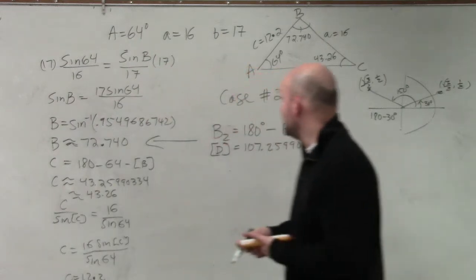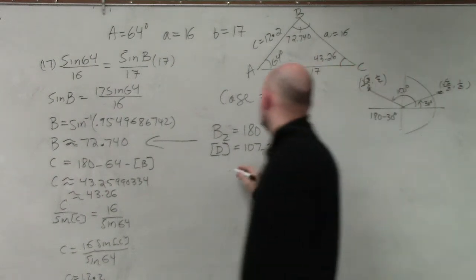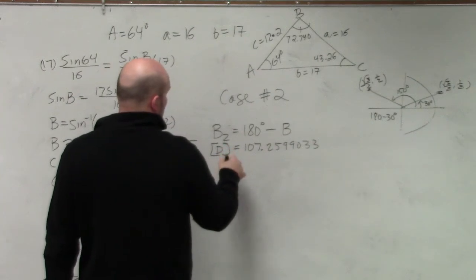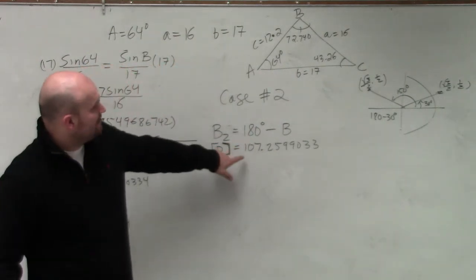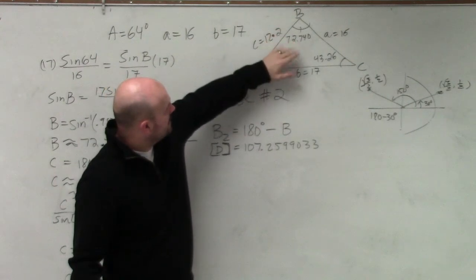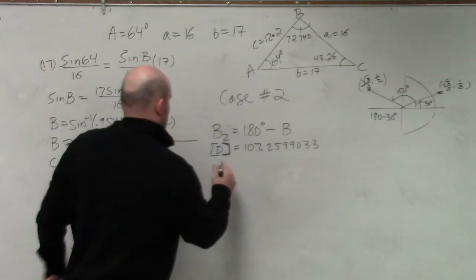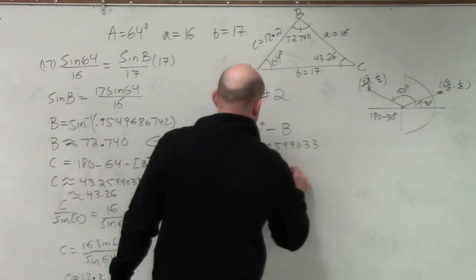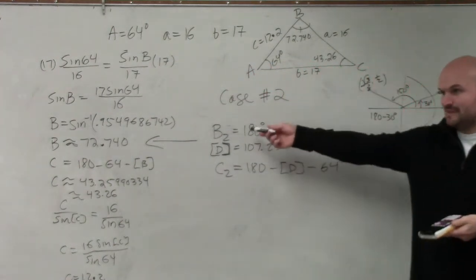And then I basically go through the exact same steps. I'm given my A over A. Actually, all we need to do is, since we're given that B and we were given 17, given those two, I need to figure out what C is. So C2 is going to be 180 minus D minus 64 degrees, right? Because that's my new B2.